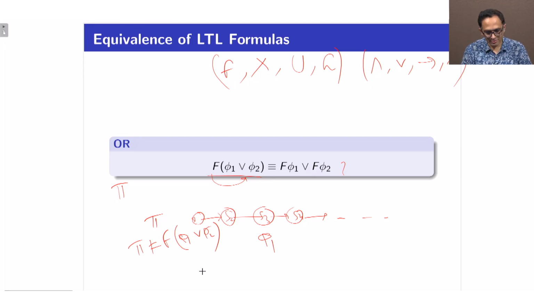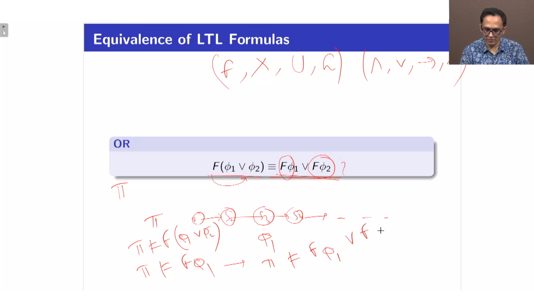Because phi 1 holds here, I can also say that pi satisfies F of phi 1. So because this is satisfying, I can also write that pi satisfies F phi 1 or F of phi 2, because this is already satisfying.